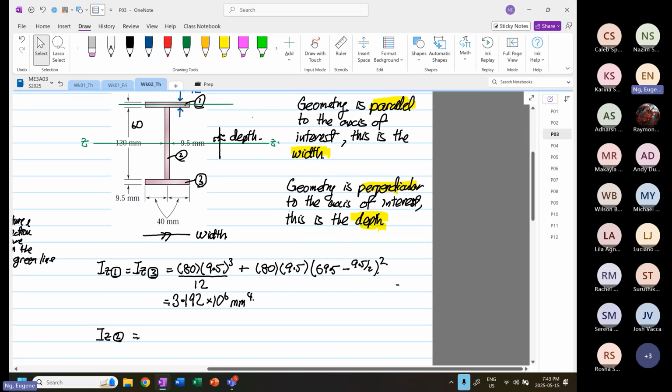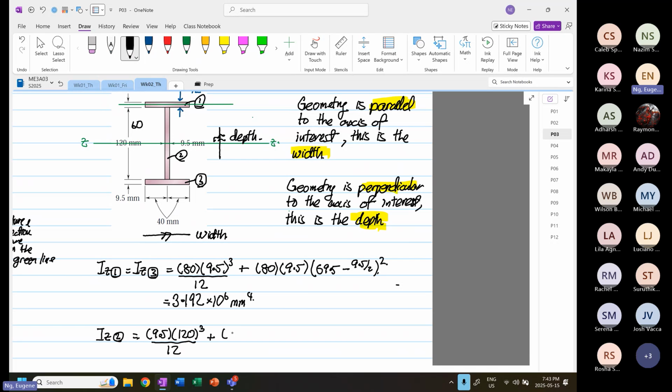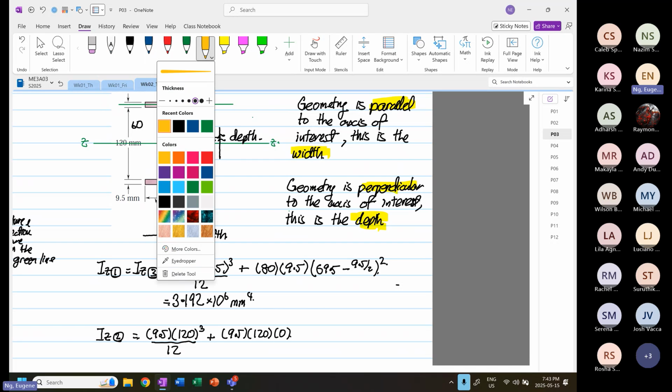And then the next one, we have our IZ2. So the width is 9.5. The depth is 120 to the power 3 divided by 12. And this term over here will be multiplied by 0 because of the individual centroid and the global centroid. If you look at section 2, I'm going to draw in orange and make it thicker.